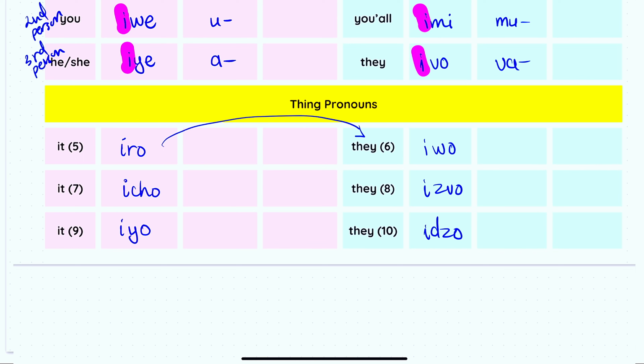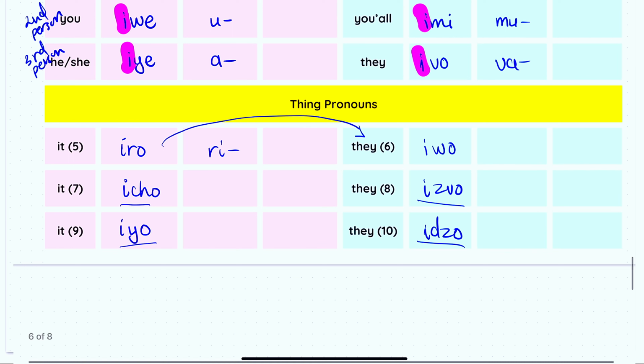So, it, iro, they, iwo. It, icho, they, izo. It, iyo, they, izo. If we take a look then at what the corresponding concords are, iro's concord is ri.